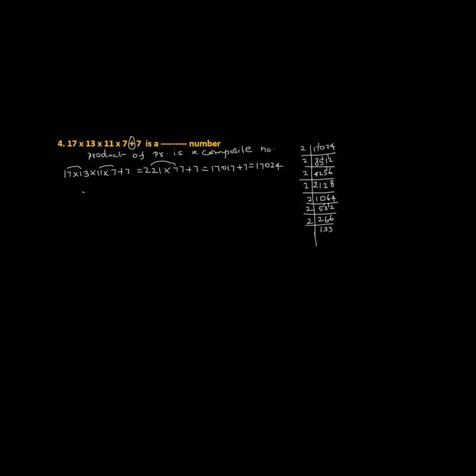Now 133 is not a prime number, and we cannot divide it by 3 and 5. Now 7, we can divide this by 7. So 7 into 1 times 7, remaining 19 times. Now 19 is a prime number. So we can express 17,024 as 2 to the power 7 into 7 into 19.